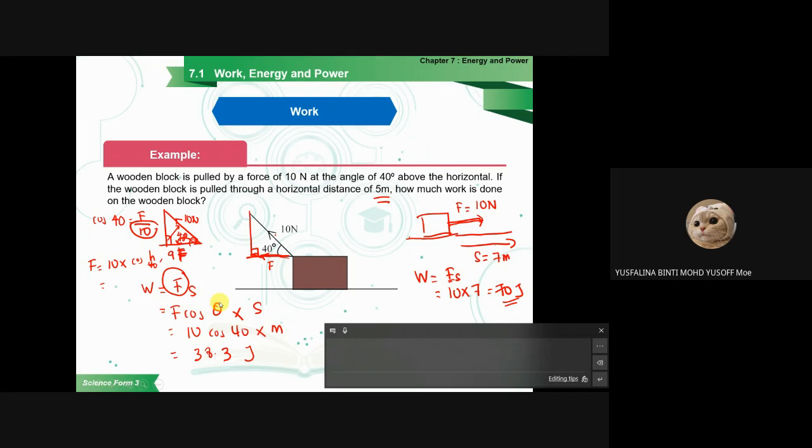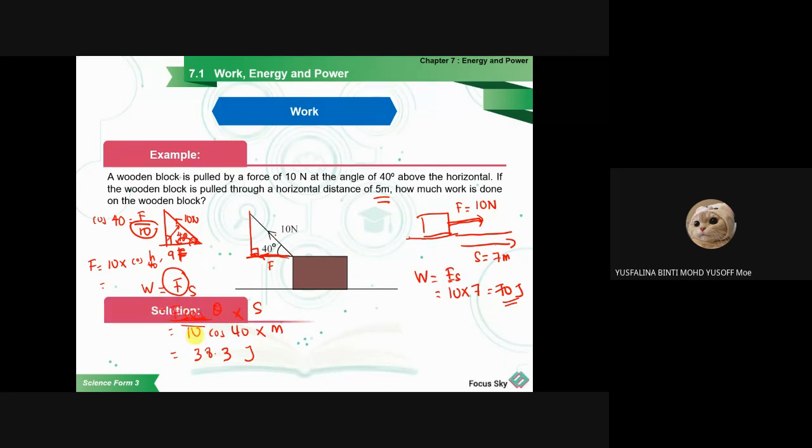If you want to remember, the force must be in a straight line, it cannot be an inclined force like that. If you have one like that, you have to change it to a straight line. But you just remember the formula, and if you can understand, maybe you can derive it. I just want to show how you get F cos theta. So this is the solution.